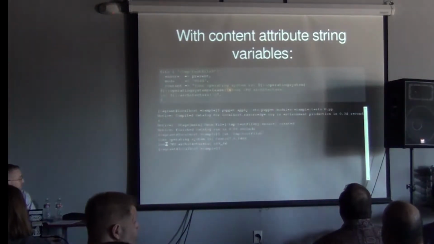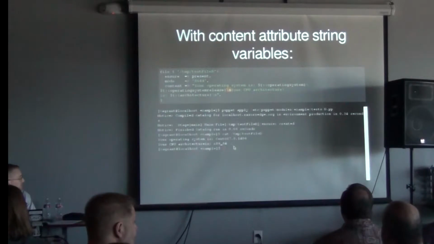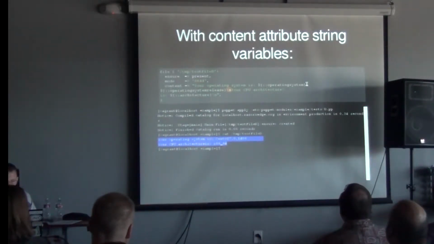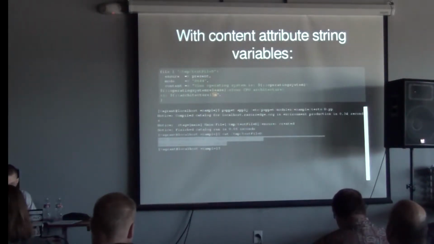Your operating system is CentOS 7, and your CPU architecture is x86-64. Even though I've got these wrapped a little bit for the example here, everything is done correctly with the carriage return here and the one here. So this lets you put content exactly in your manifest.